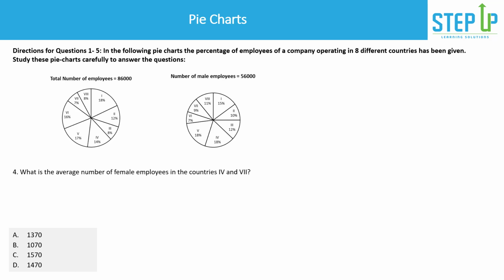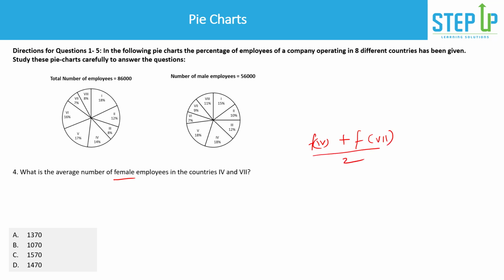Next, he says what is the average number of female employees in country 4 and country 7? Now female employees is asked, just remember, so you have to be careful. In country 4, how will you calculate female employees? Whatever female employees there will be in country 4 plus, because average is asked, whatever number of female employees in country 7, average would be this.